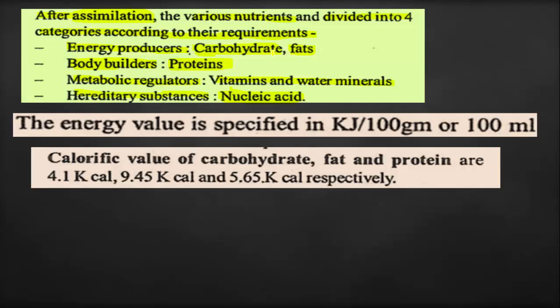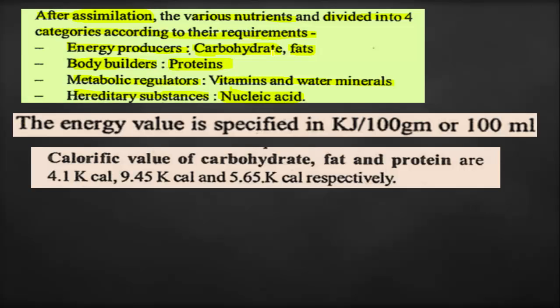So after assimilation, depending on their requirement, the nutrients are divided into 4 categories: energy producers, bodybuilders, metabolic regulators and hereditary substances. The bodybuilders are the proteins, the energy producers are carbohydrates and fats, metabolic regulators are vitamins, water and minerals, and hereditary substances are the nucleic acids.